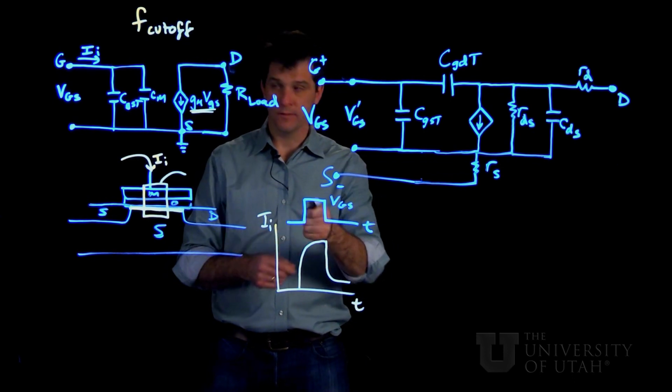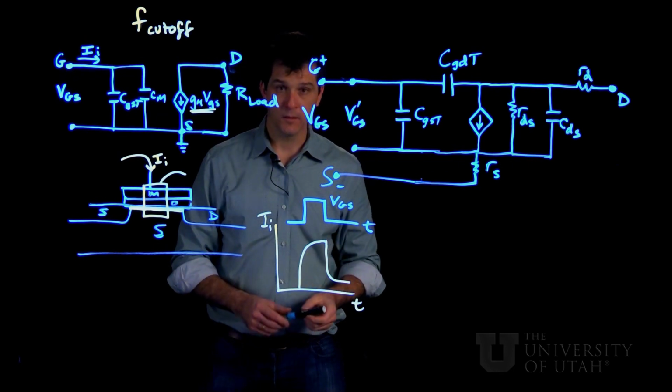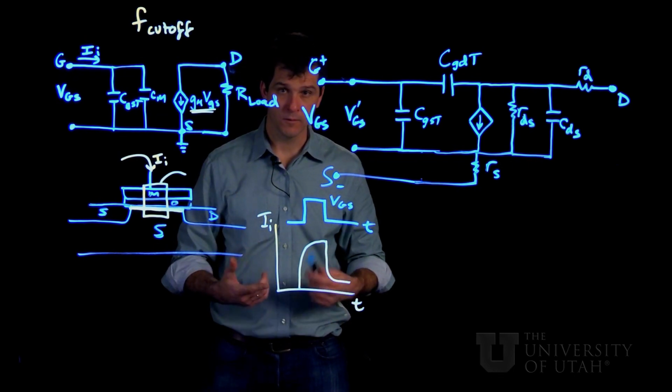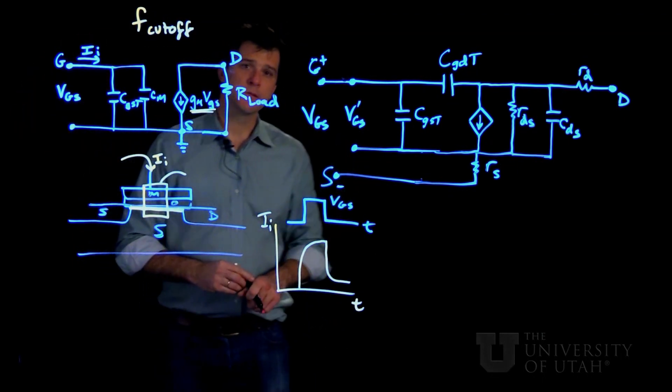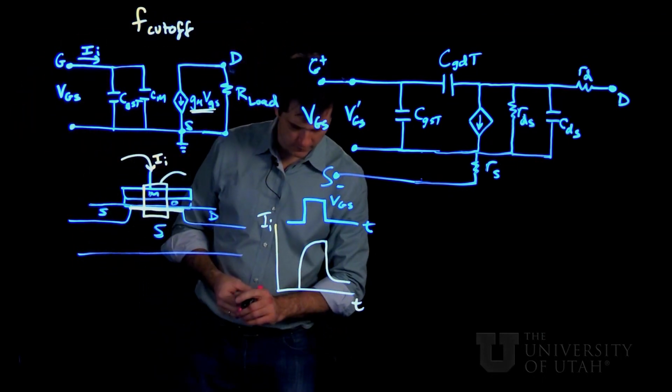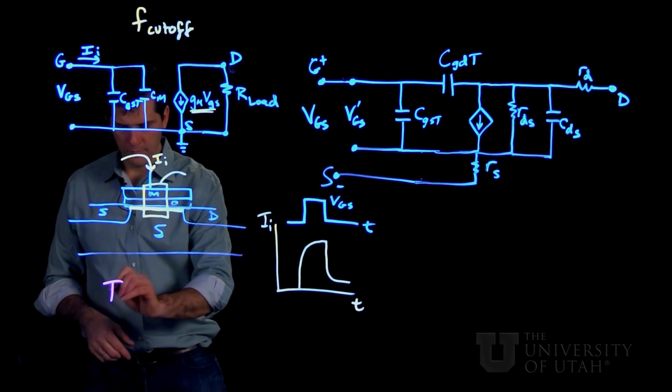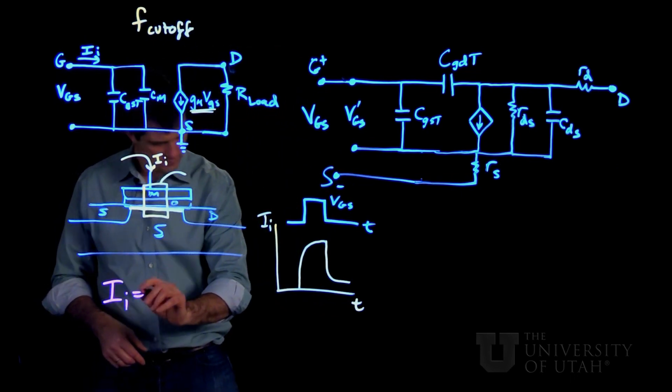So step function in the voltage, this is the current response. So if we do the circuit analysis on this equivalent circuit and do some algebraic manipulation, we can end up with this expression here.